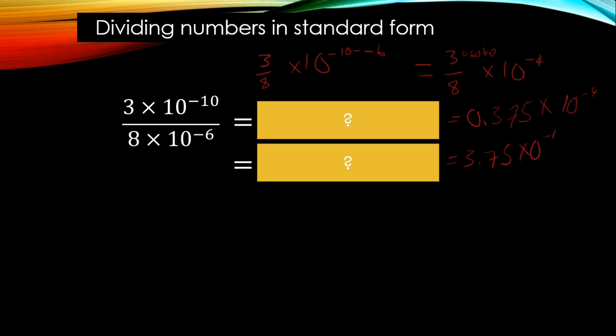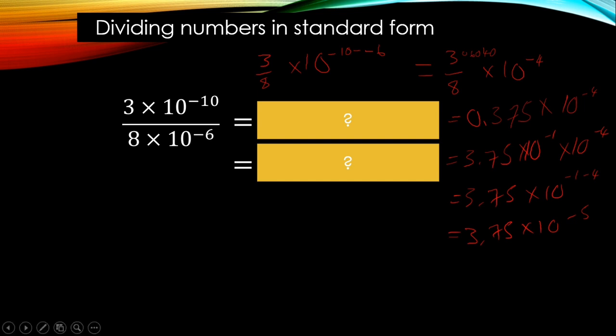3.75 times 10 to the power minus 1, because we just moved one decimal place to the right, so the power is negative 1 times 10 to the power minus 4. This would give us 3.75 times 10 to the power minus 1 minus 4, which would be 3.75 times 10 to the power minus 5.